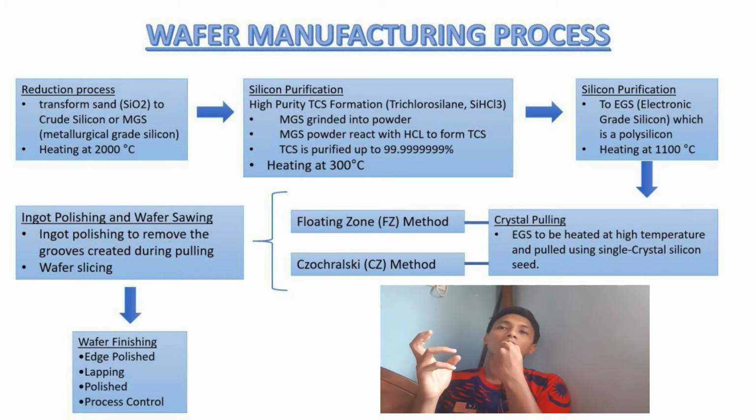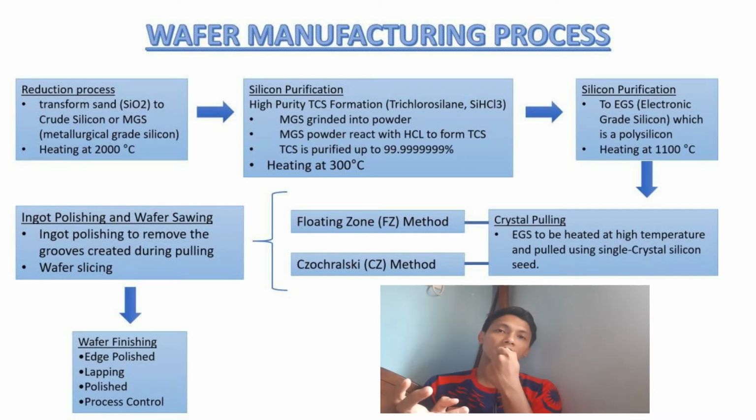And then we do another silicon purification to get the EGS, which is electronic grade silicon, and it is a polysilicon. We heat it at 1100 degrees Celsius.